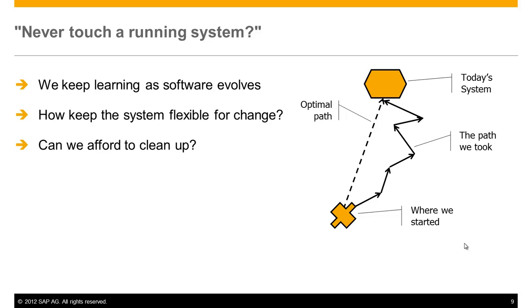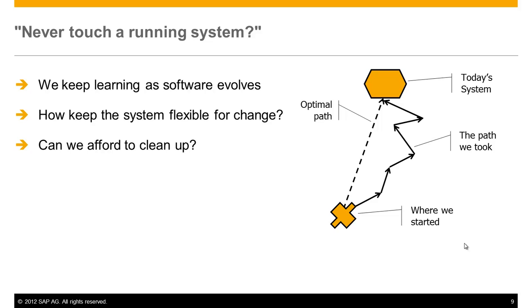Now you may have heard this quote that is considered the wisdom of software project managers: never touch a running system. And it used to be true, I suppose, in the past when you don't work this way, but now I would consider it wrong. Why?